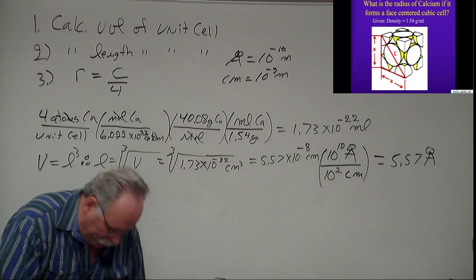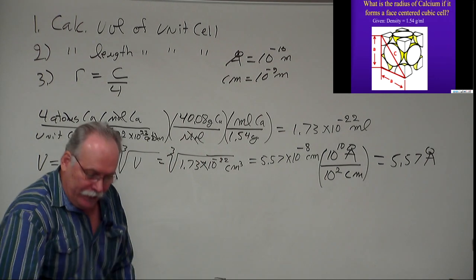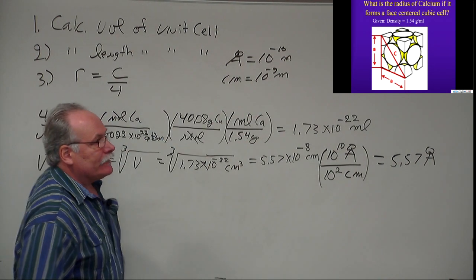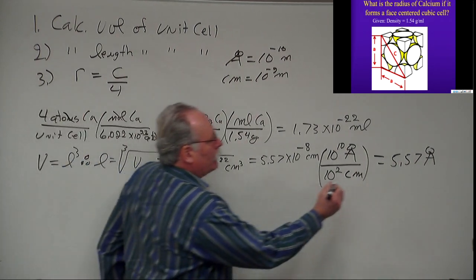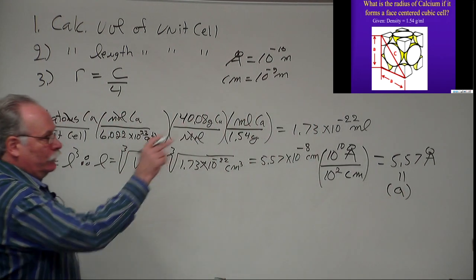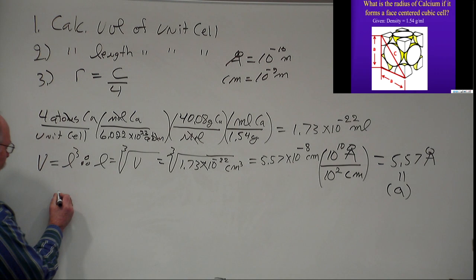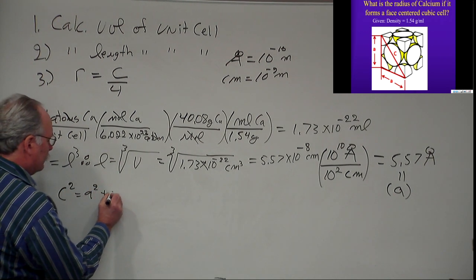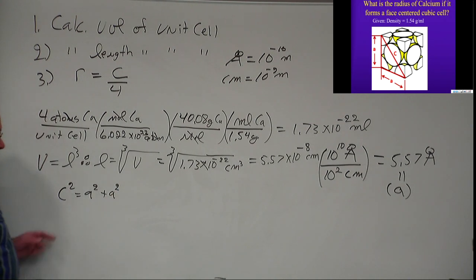Now that we know the length of the cubic cell, we need to calculate the diagonal C. Now, we're going to call this A in our diagram, okay? That's the length of the cubic cell. So I can say that C squared equals A squared plus A squared from the Pythagorean theorem.